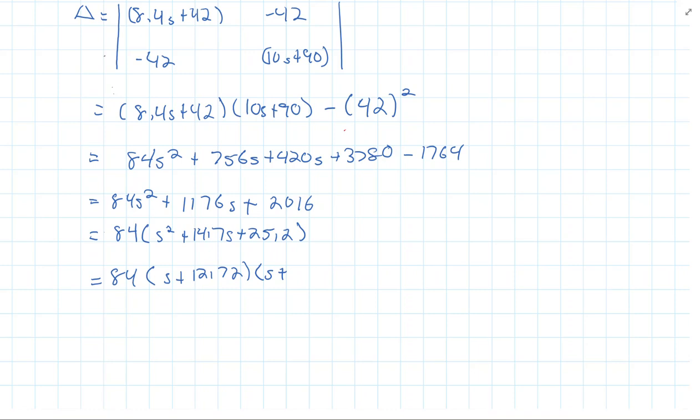Just a second, let me do this again. I'm sorry, it did factor with the 12.72. So 84 times s plus 12.72 times s plus 1.98. So not necessarily pretty, but it does work.